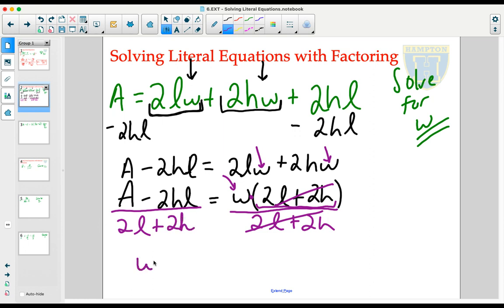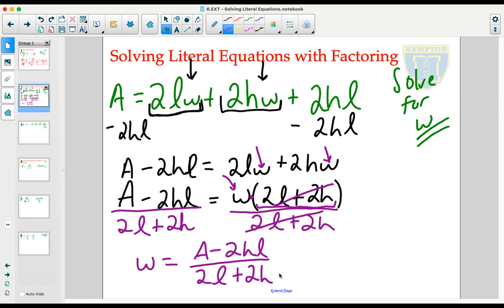So we get a final version of W equals A minus 2HL, the 2HL that came from the original formula, over 2L plus 2H, the factor formed by removing W as the greatest common factor.